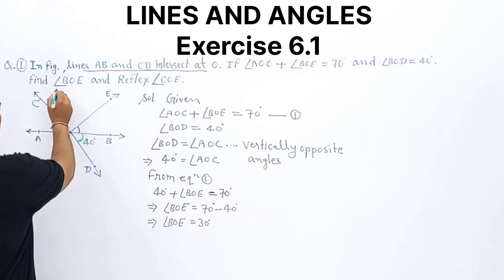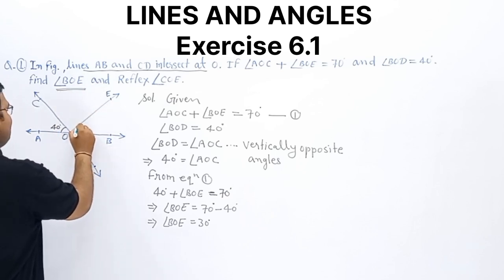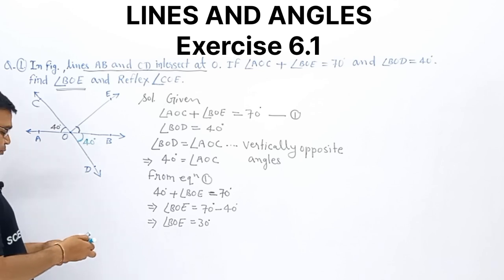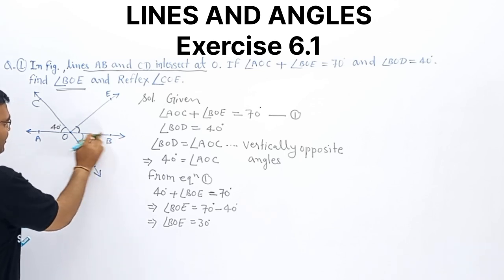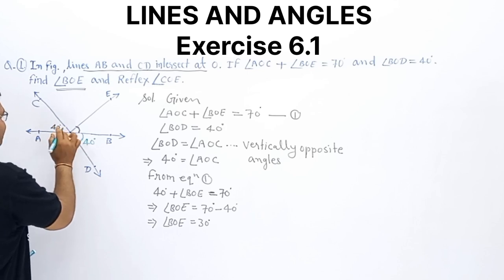This result. Angle BOE is what? BOE. It means this angle. And this angle will be what? 30 degree we obtained. So this is given. BOD we are having in the question. Its vertically opposite angle will be this one. This one will be what? Its vertically opposite angle.